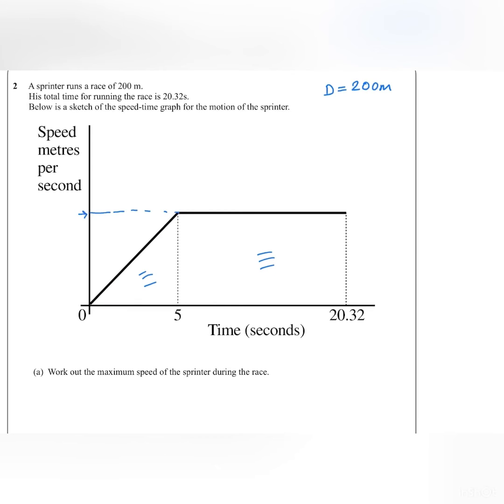Okay, so let's go for the speed one first. We know that the height over here is the same because it's a rectangle and the 2 lengths are the same. Now the length of this rectangle is 20.32 take away 5, which is 15.32.